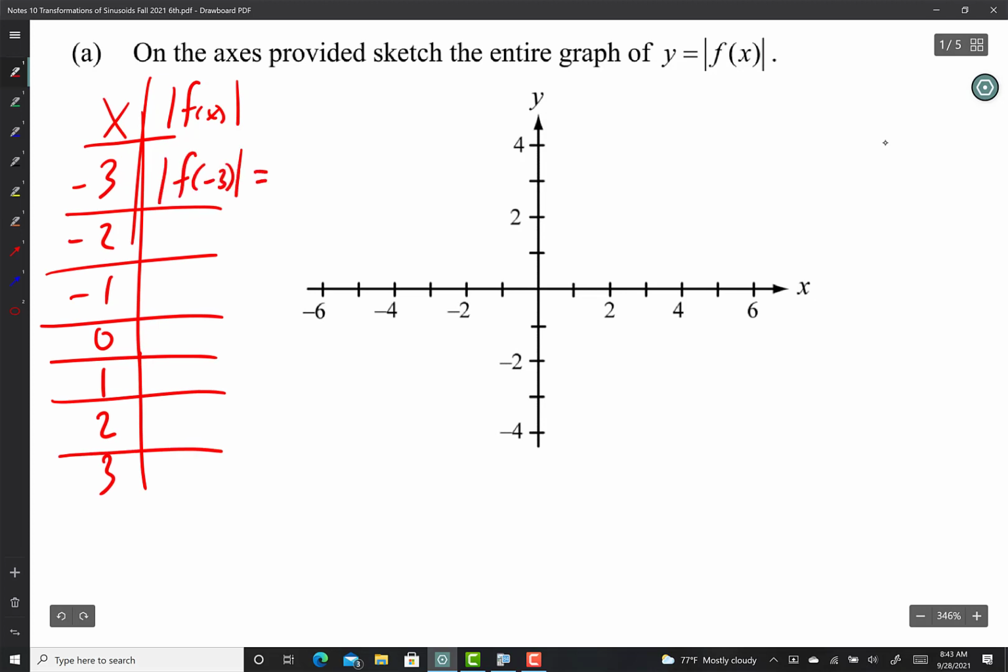Well, f of -3 was -3, so absolute value of -3 is 3. Do you see how we're doing it? All right. So this is absolute value of f of -2, and f of -2 was -2, and absolute value of -2 is 2. So we're doing the same thing over and over again, guys. If you want to just go ahead and do your thing.